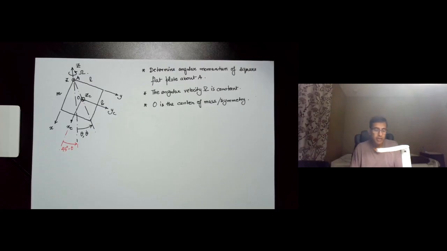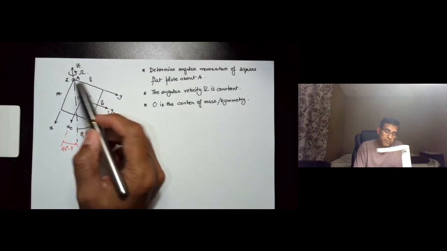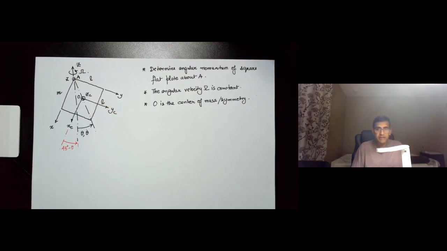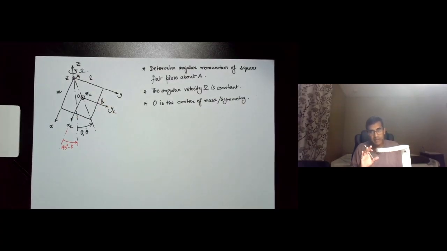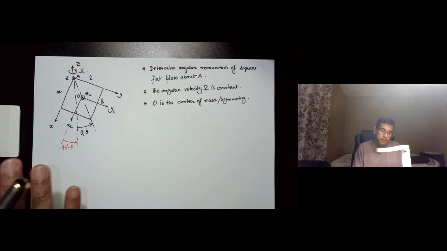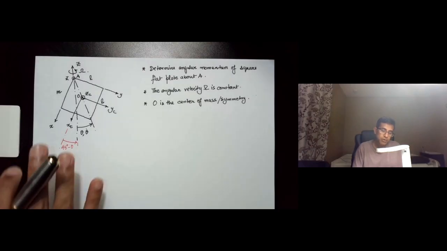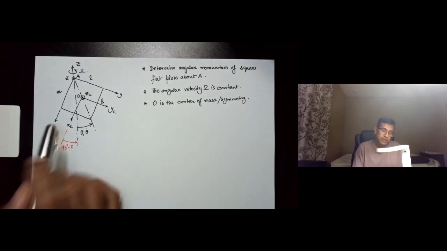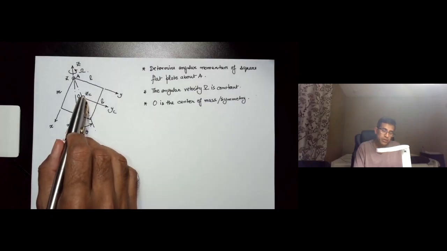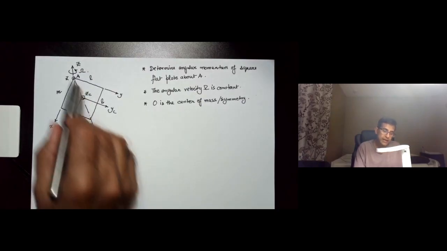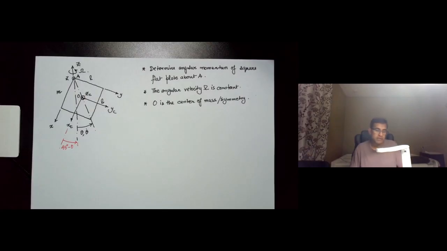The other approach is, because this point A is a fixed point, and the rigid body is purely rotating about the point A, you could directly find the angular momentum about the point A. I will take that as a second approach, and in this first approach I'm going to first find the angular momentum about the center of mass and then find the angular momentum of the center of mass about A.